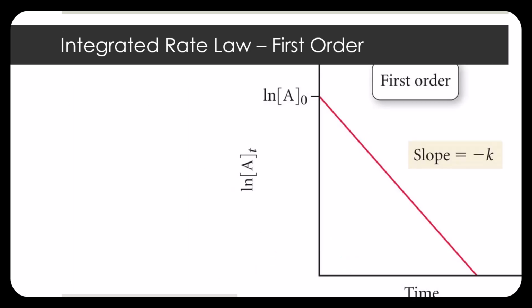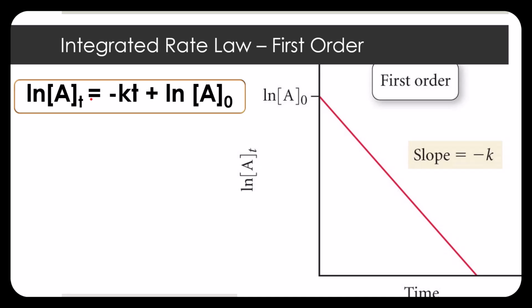So let's explore this equation a little bit more. The equation for a straight line is as follows. y equals mx plus b. So this y and this x are the data points on our graph. m is the slope, and b is the y-intercept.